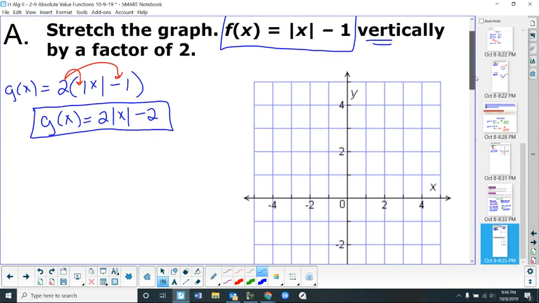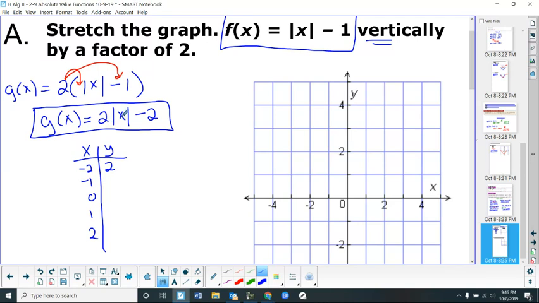Now, graphing this isn't as easy as the other ones. So what I always tell students is make a table of values. Always go back to the quick old-fashioned table of values. Plug in -2. What's the absolute value of -2? It's 2, times 2 is 4, 4 minus 2 is 2. Plug in -1.